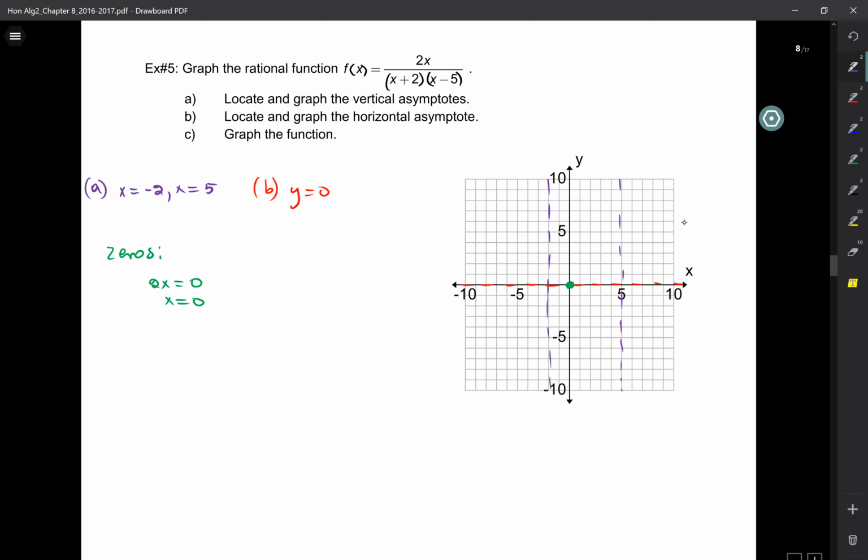When x equals 1, I get positive there, negative there, so it's negative. In fact, how about when x equals -1? Negative there, positive there, negative there, so that's going to be positive. So that means here it's going to look like this.